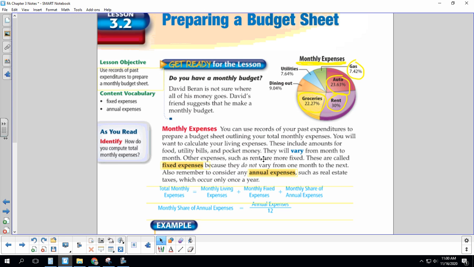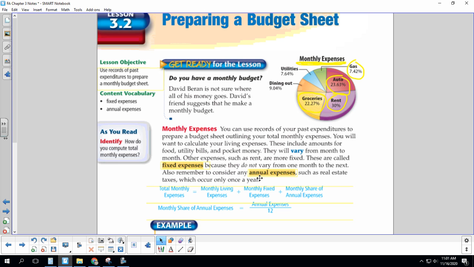So if there are things that you can count on, such as a mortgage or a rent payment, a car payment, usually if you don't do anything extra, your cable and phone bills can be a fixed amount. Also remember to consider any annual expenses, such as real estate taxes, which occur only once a year.